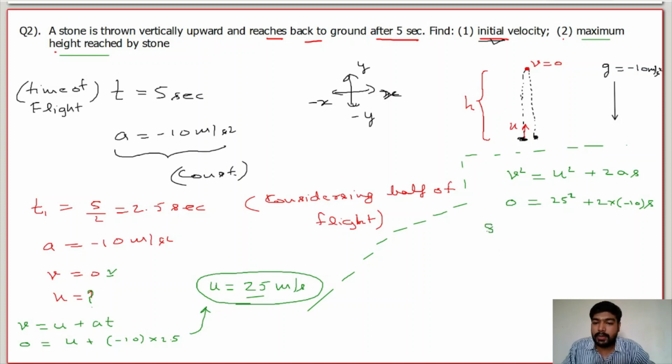So s equals 25 into 25 divided by 20, and it will come out to be 31.25 meter.